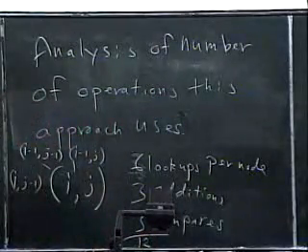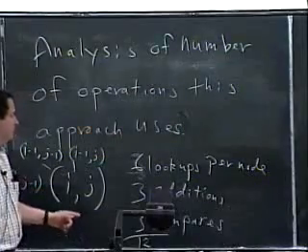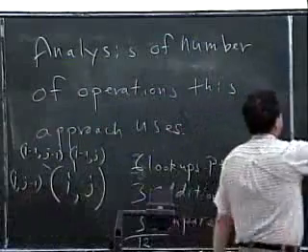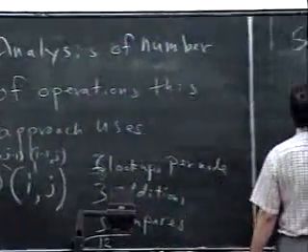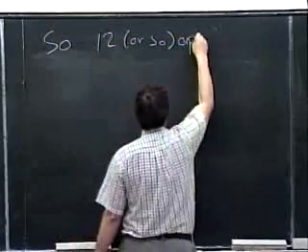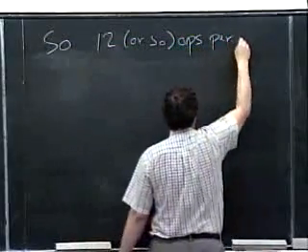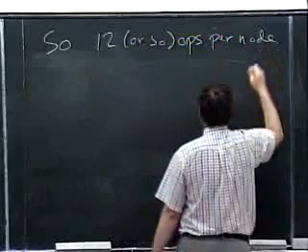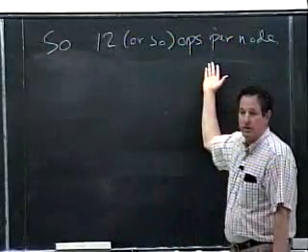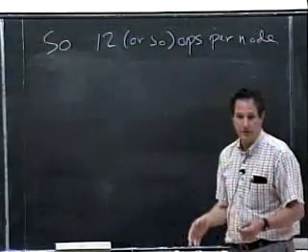So what I'm saying is that it's 12 operations per node. Okay? So 12 or so operations per node. And the key point is it doesn't matter how many nodes there are in the alignment graph.